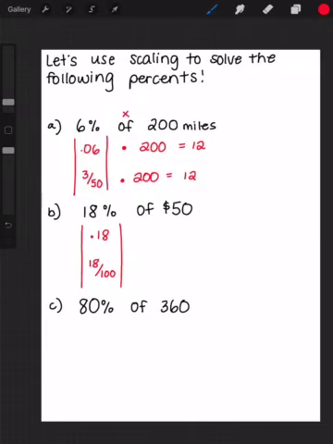Okay, so 18% of is our multiplication, 50. 18% of 50. So if I do either of those multiplication problems, 0.18 times 50 or 18 out of 100 times 50, either way, I'm going to get 9 as my answer.